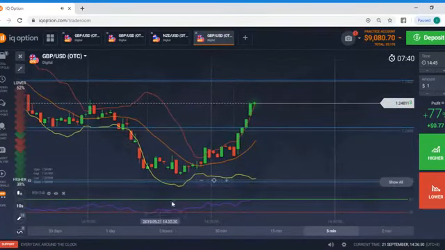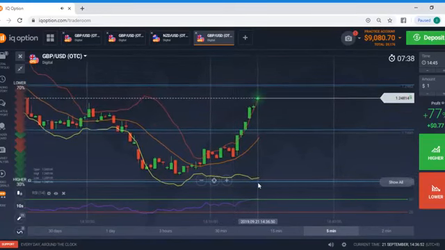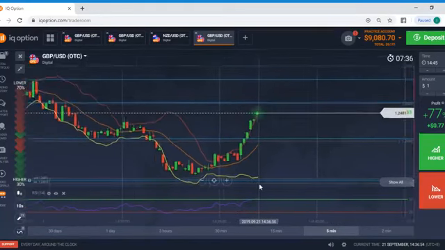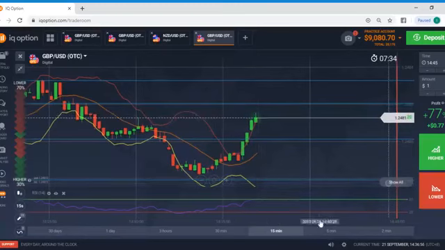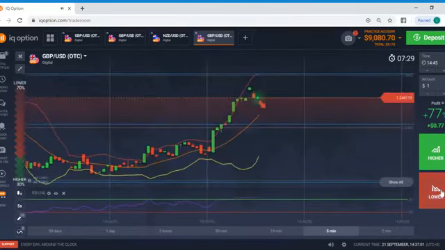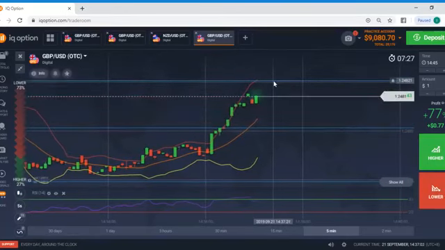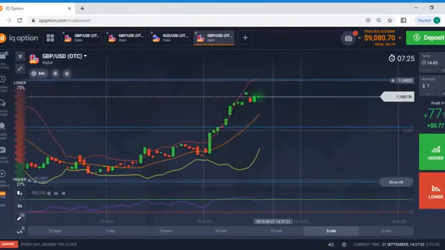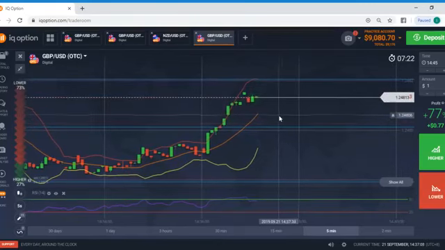Okay, so that's a 5% gain. So let's wait for it to hit this level. I think that's a resistance over there.